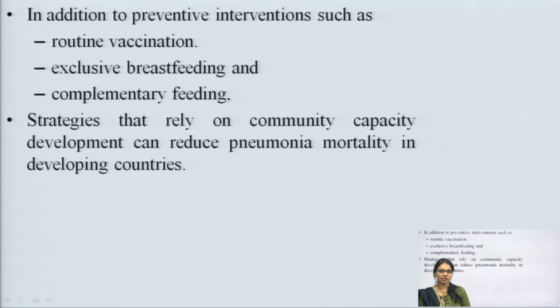Exclusive breastfeeding and complementary feeding are also required, and strategies focused on community development can reduce pneumonia mortality in developing countries. This MDG 4 strategy will reduce pneumonia cases and ultimately reduce child deaths in various developing countries.